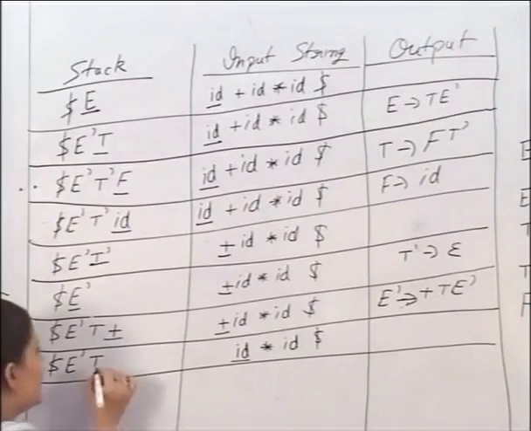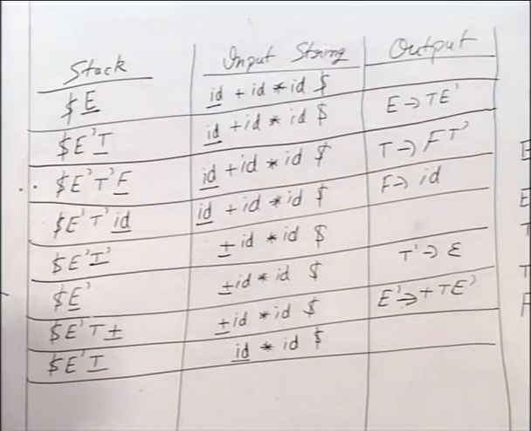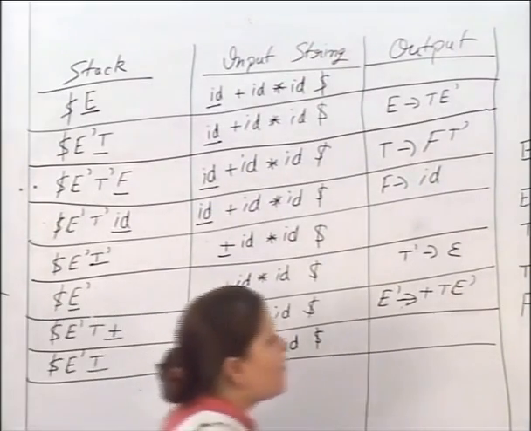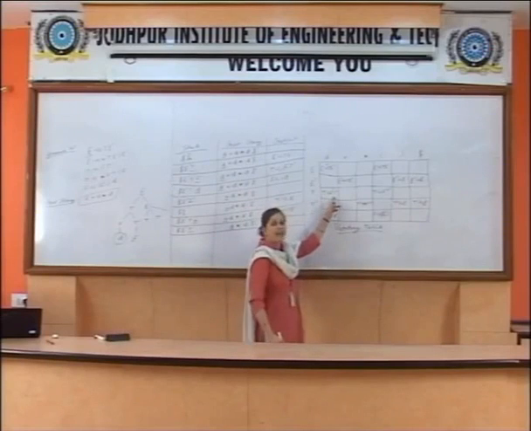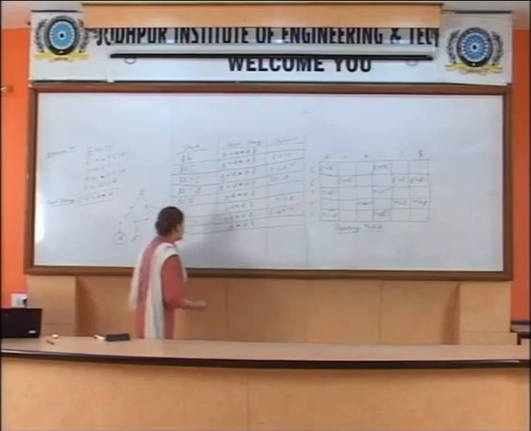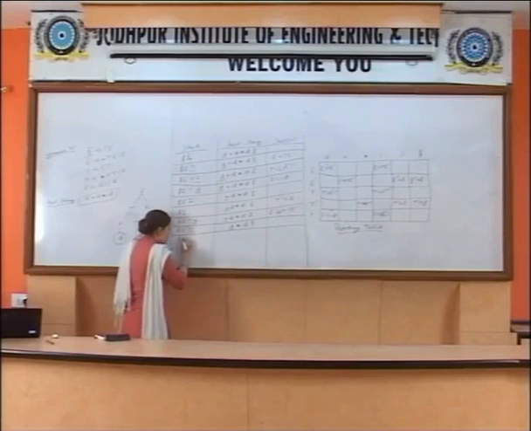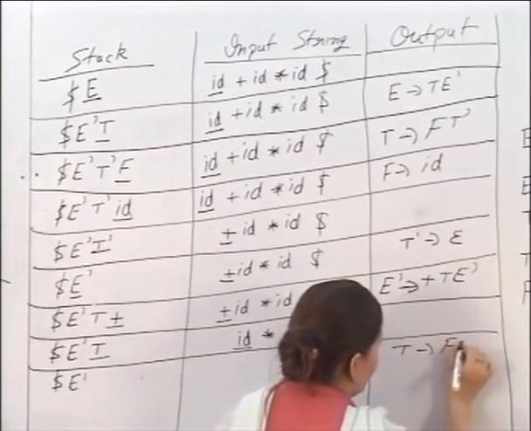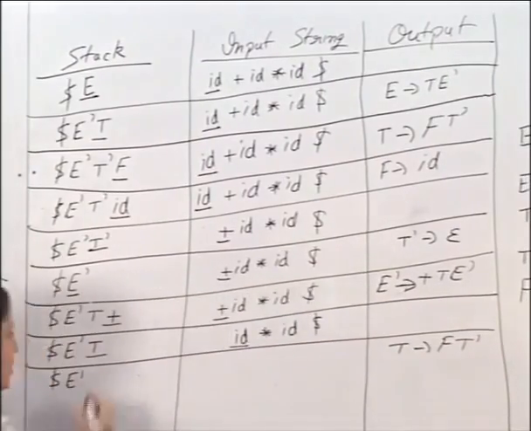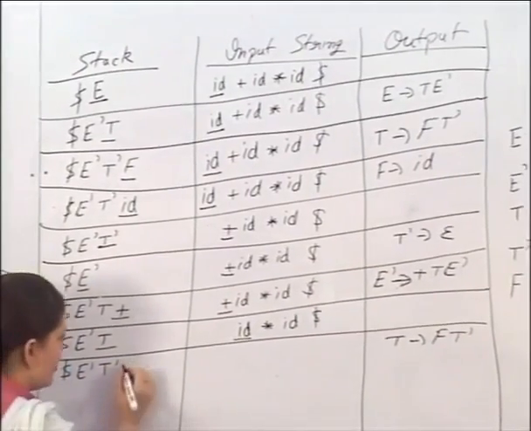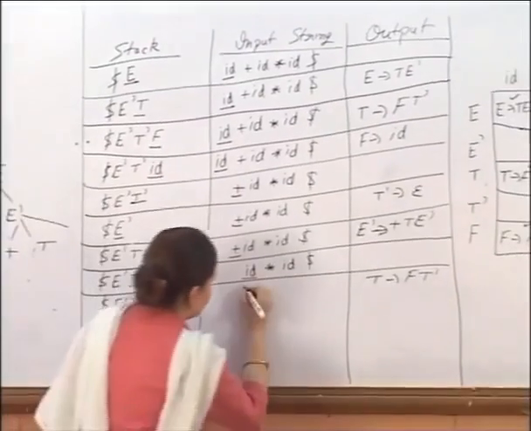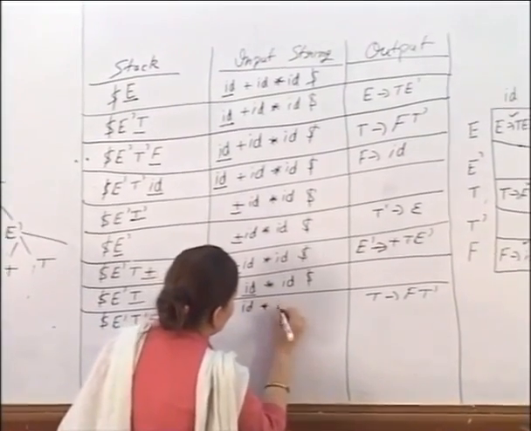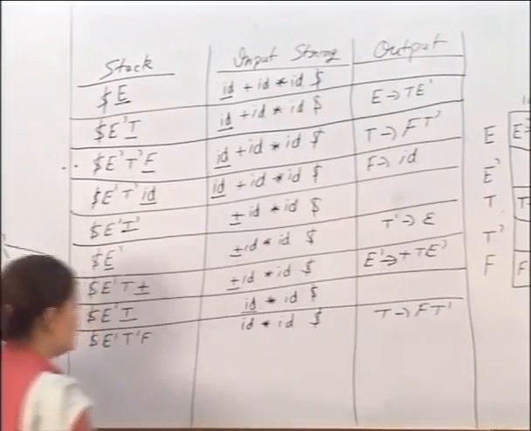And the value at the top of the stack is capital T. So for T and ID, we have a production T to F T dash. That means dollar E dash, T dash F, and this is ID into ID and end marker.